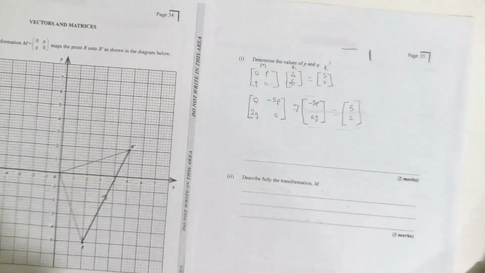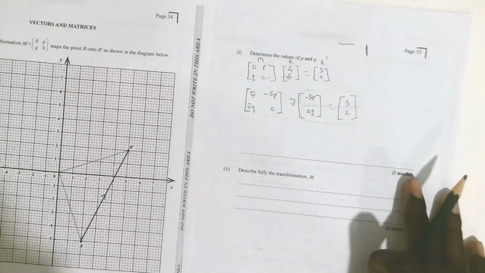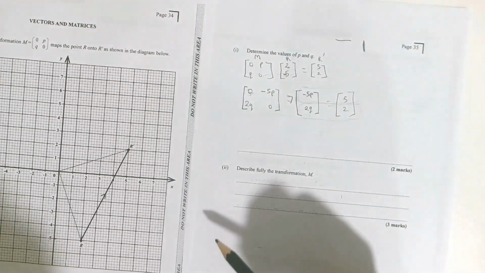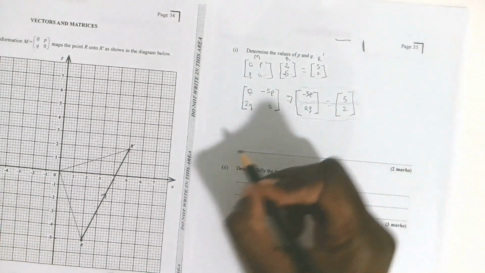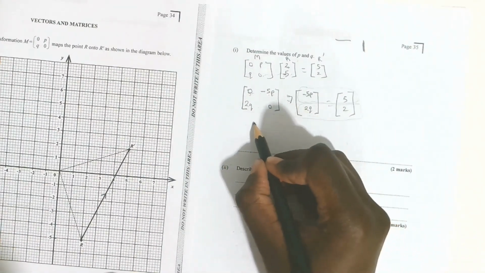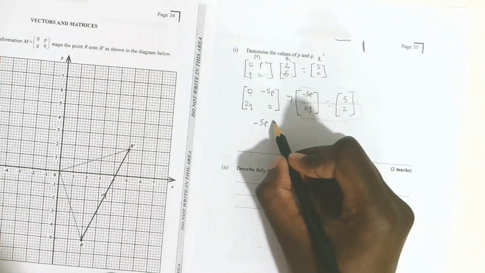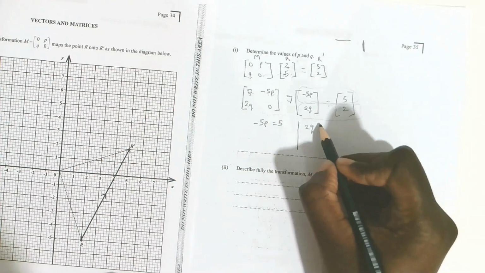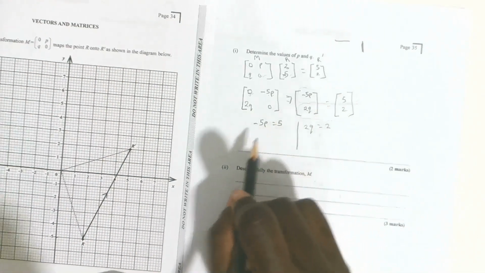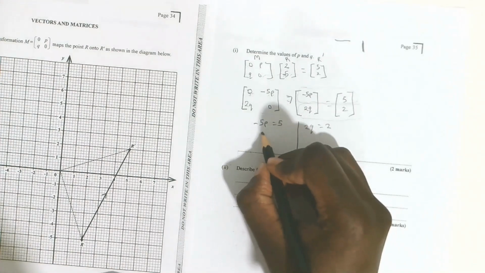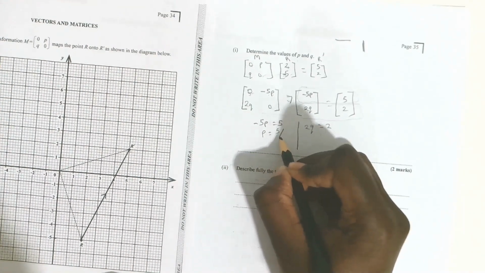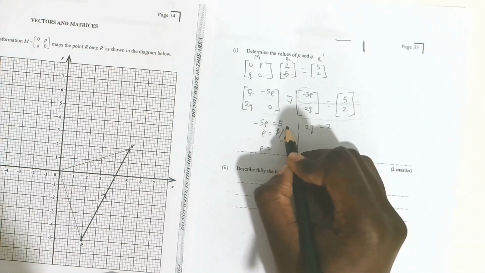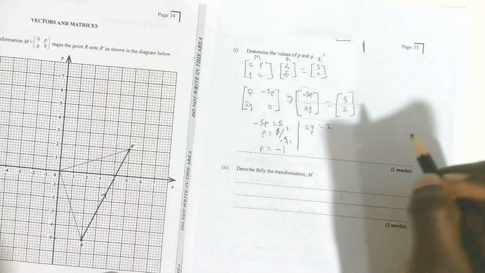Now if we want to find the values for P and Q, then we need to make P and Q the subject of the formula. So if we have -5p is equal to 5, and 2q is equal to 2, to find the value of P, it's going to be P is equal to 5 divided by -5, which would give us a P value of -1.